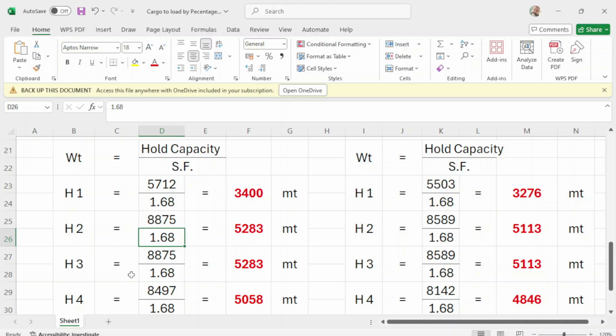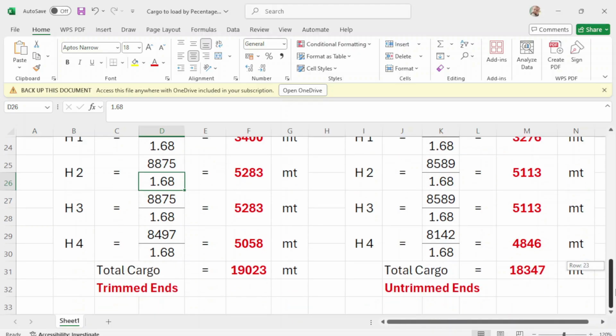And number 3 is 8875, divide by your stowage factor, that will be 5283. And number 4 is 8497 divided by 1.68, that will be 5058, for a total of 19,023.